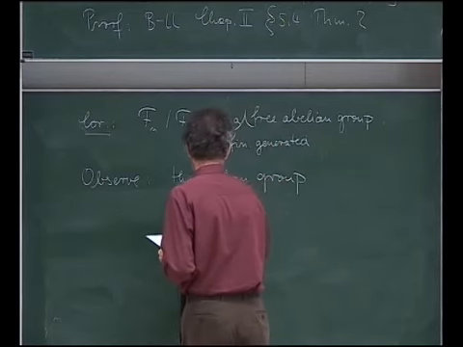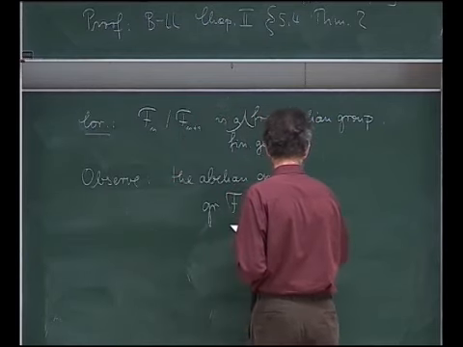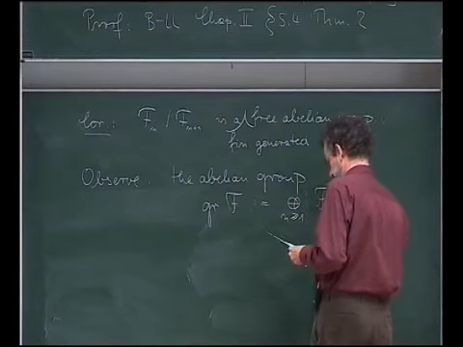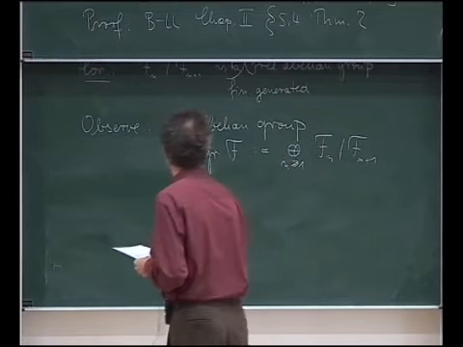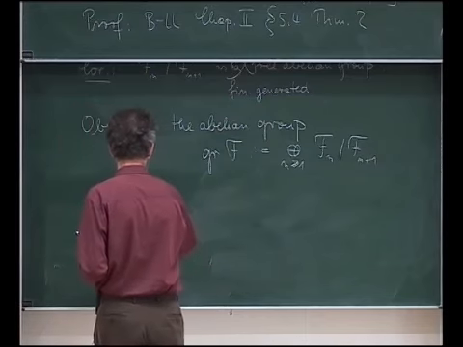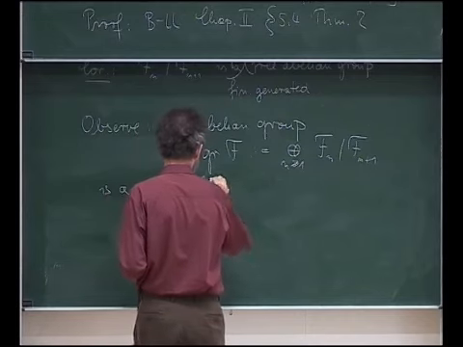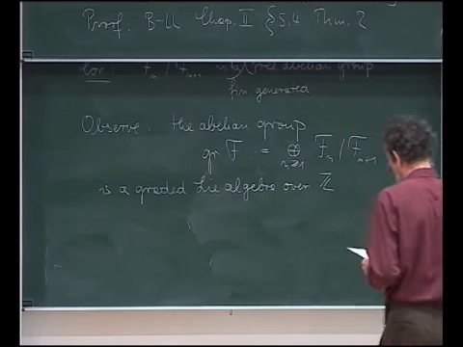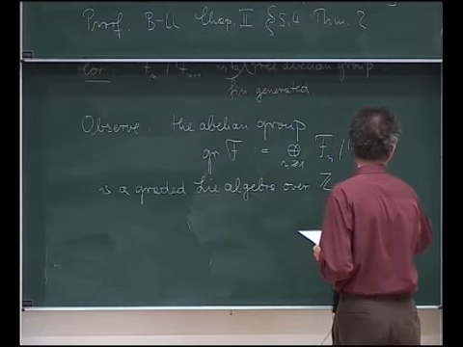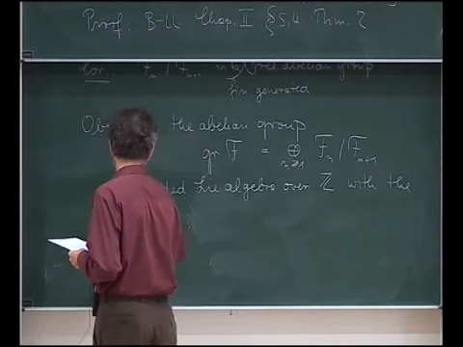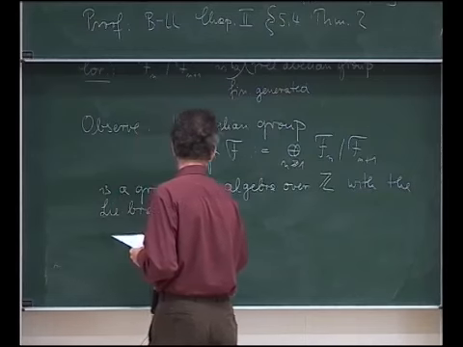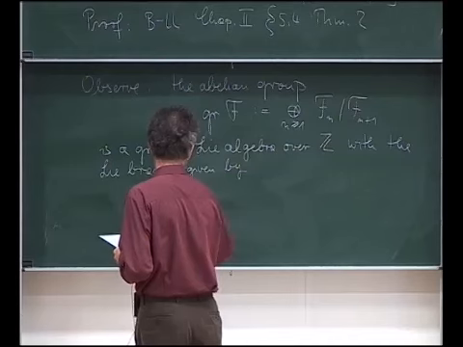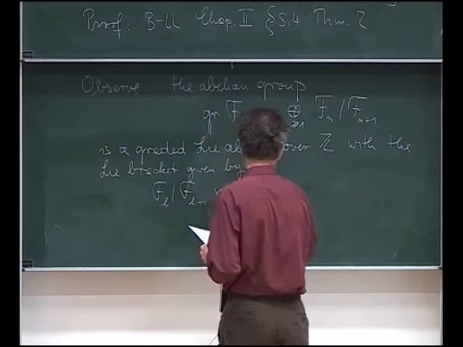Namely, observe the abelian group gr F, which is the sum of the natural numbers n of Fn modulo Fn plus 1, is a graded Lie algebra over the integers with the Lie bracket given by, the same way we did it before.